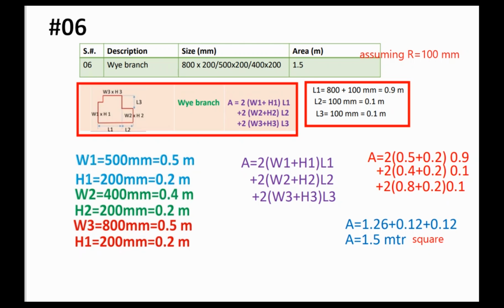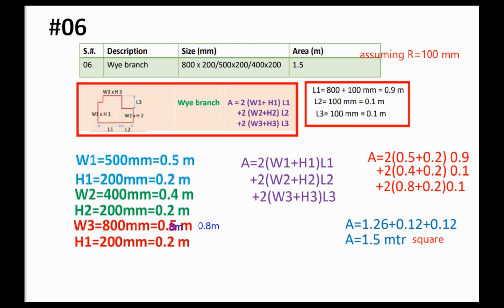Let us convert these values from millimeter to meter. Width 1, 500 mm, will be 0.5 meter, height 1, 200 mm, will be 0.2 meter, width 2, 400 mm, will be 0.4 meter, height 2, 200 mm, will be 0.2 meter, width 3, 800 mm, will be 0.8 meter and height 3, 200 mm, will be 0.2 meter.